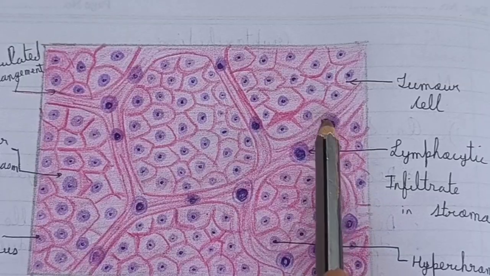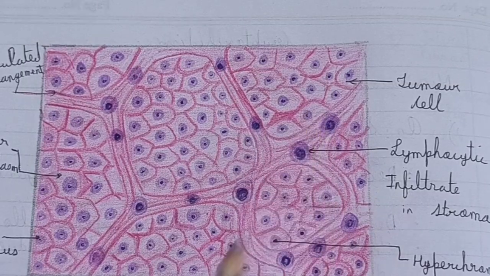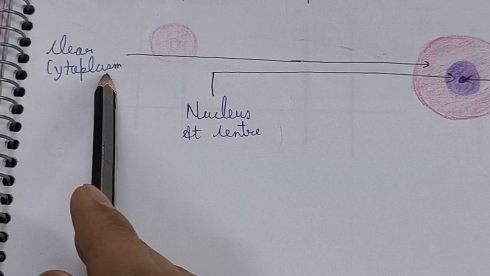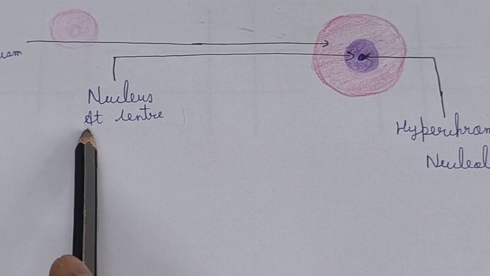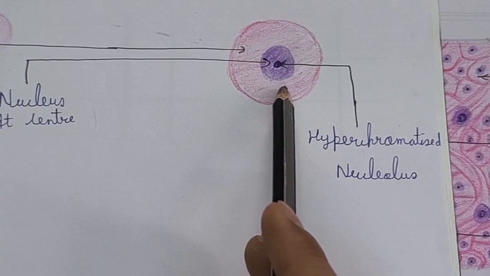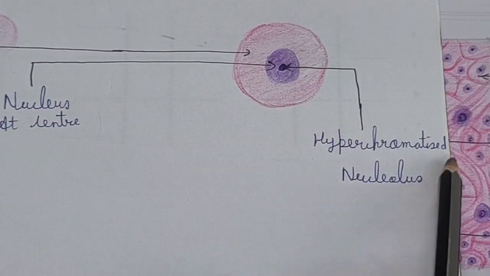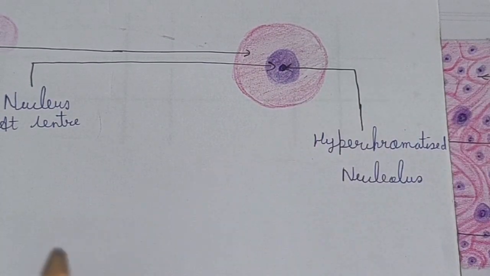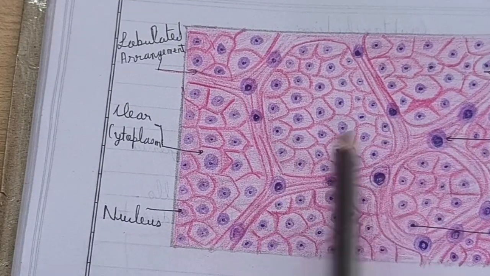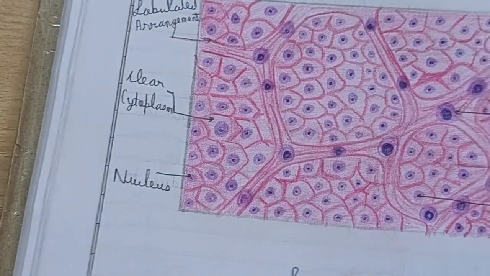And third, you can see that in each tumor cell, the cytoplasm is clearly visible, the nucleus is located at the center, and inside the nucleus a hyperchromatized nucleolus is present because it stains dark. And also you can see that in the stroma, lymphocytes are present. So these are the basic information about a seminoma.